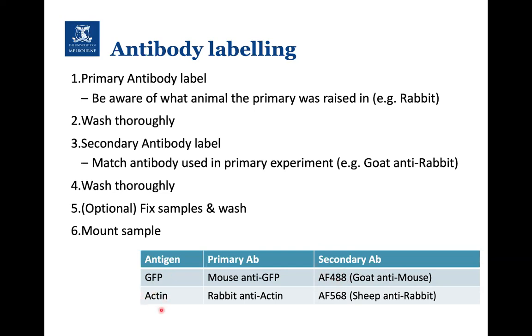In the other example, we have actin. That's an anti-actin primary raised in rabbits. And in this case, we've got the anti-rabbit secondary, which has been raised in sheep, and that has an Alexa Fluor 568. So these 2 stains could be used in combination to give you a double stain on your sample.